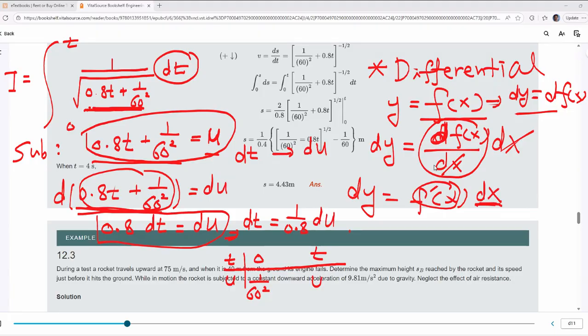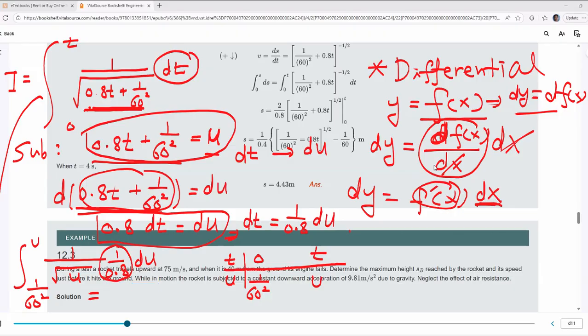If we use the substitution method, the lower limit with respect to u is 1 over 60 squared, and the upper limit is u. This is 1 over the square root of u, and dt is 1 over 0.8 du. Then notice 1 over 0.8 is a constant.